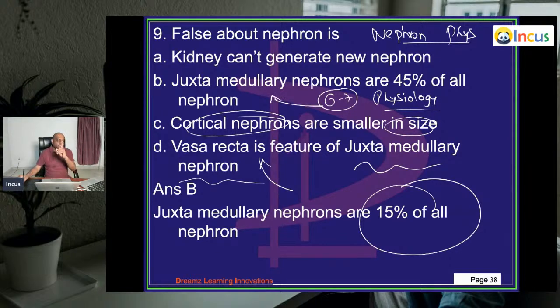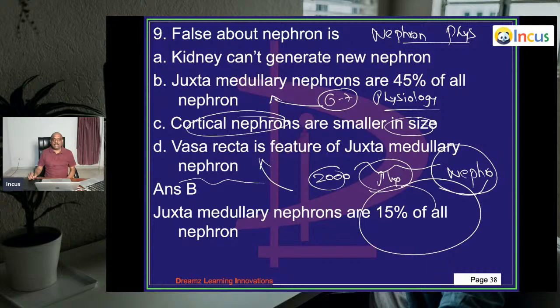Out of that 6 to 7, if 1 question doesn't come from nephron physiology, my name is not Murali Bharadwaj. Once more, you need to go back to the Incus learning app, go to the 2000 HD videos, in that go to physiology, in that go to the nephron and please do the revision. And in the next mock test, if a nephron based question comes, you're not going to get it wrong.